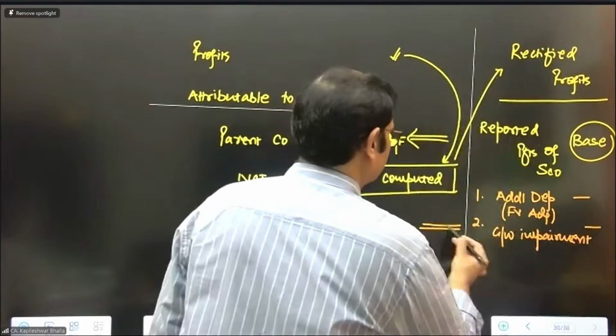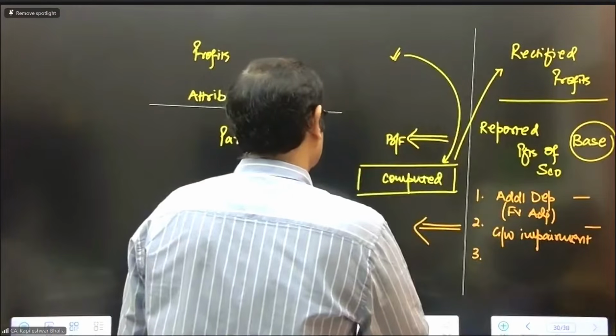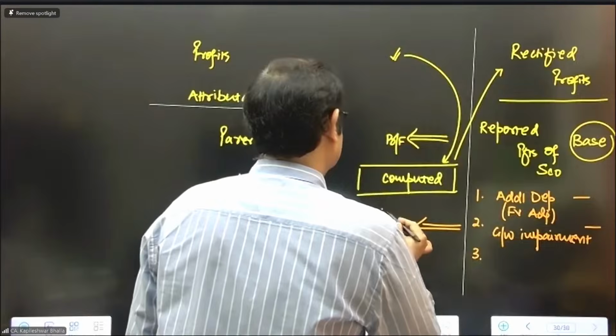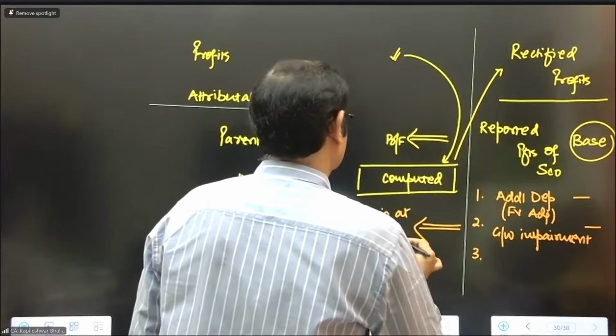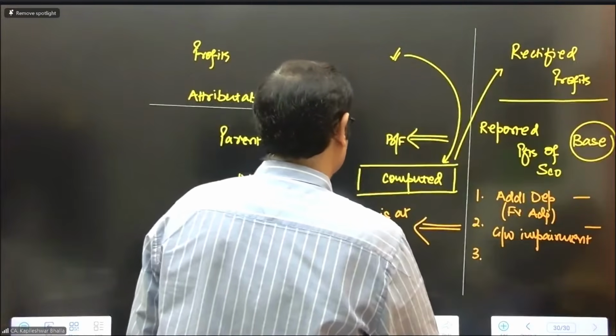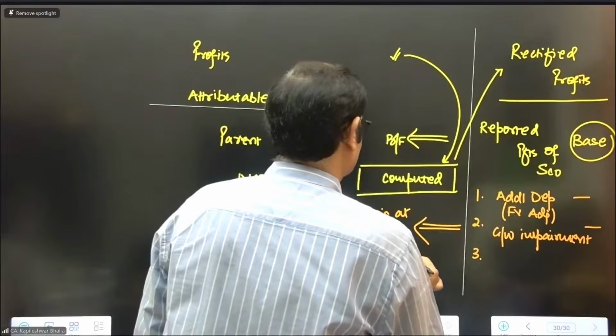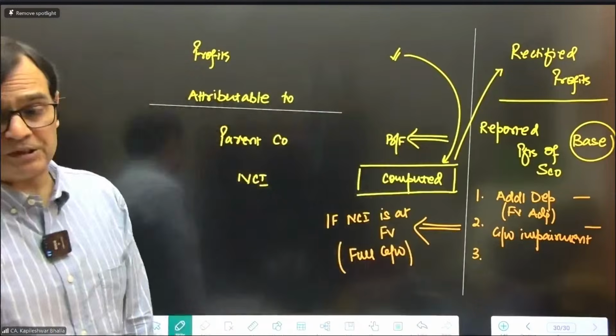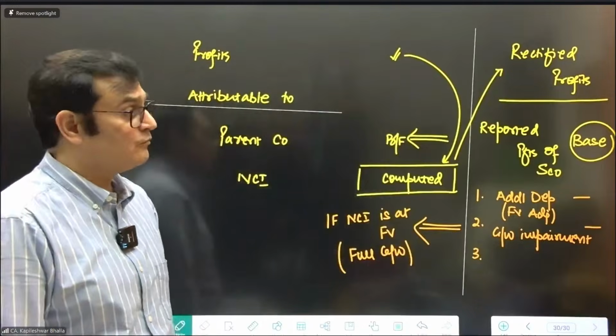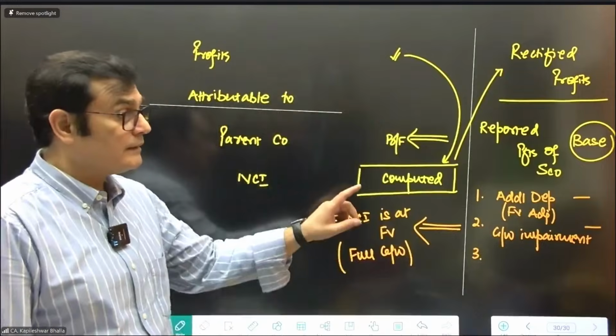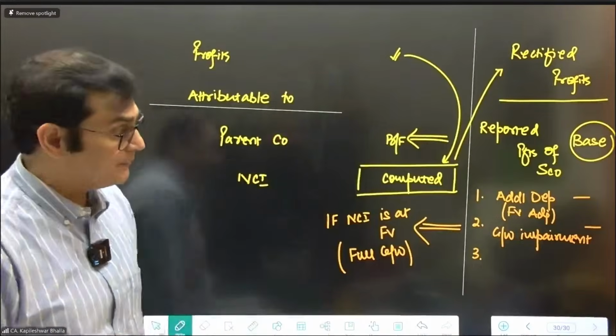And this goodwill impairment applies if NCI is at fair value and therefore there is a full goodwill. Because if it is NCI at PASNA, then the impairment of goodwill is not borne by the NCI, so this calculation doesn't appear here.